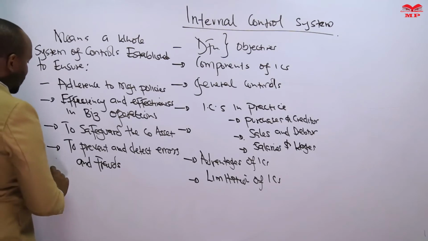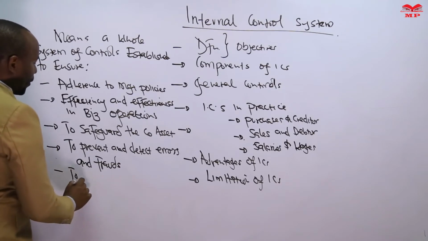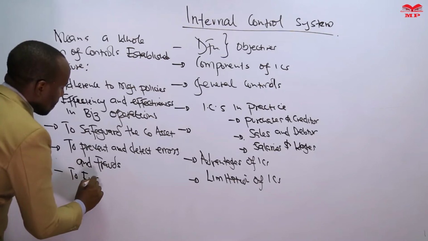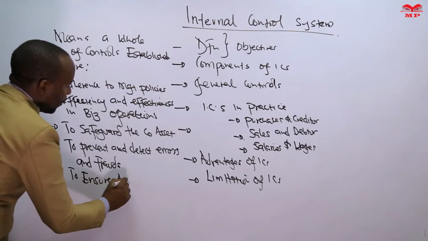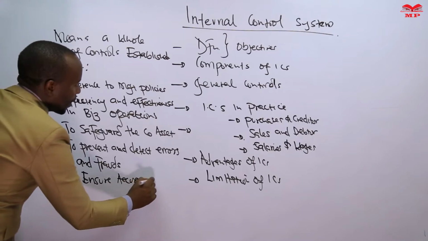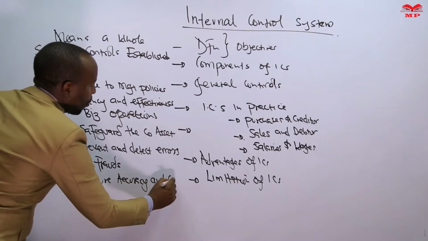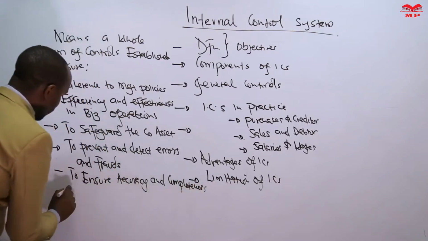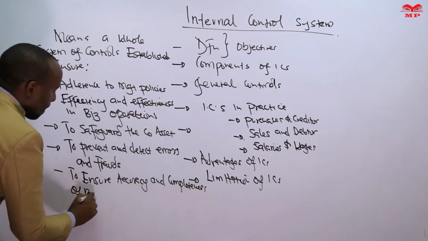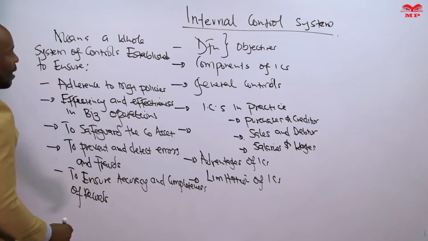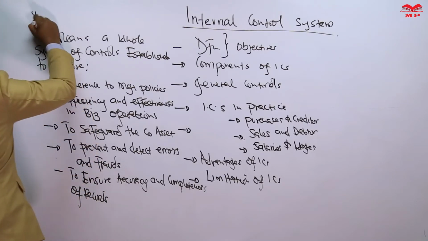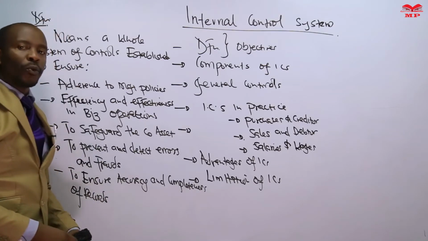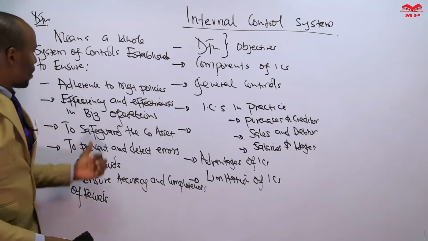And lastly, to ensure accuracy and completeness of records. So if I wanted to have a definition, my definition will start there. But you cannot master the definition unless you have the objectives.